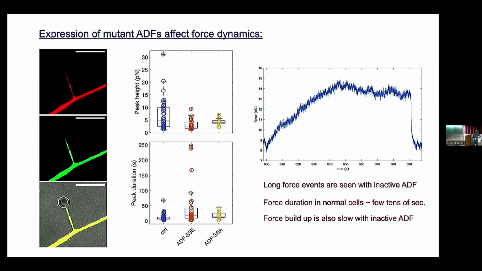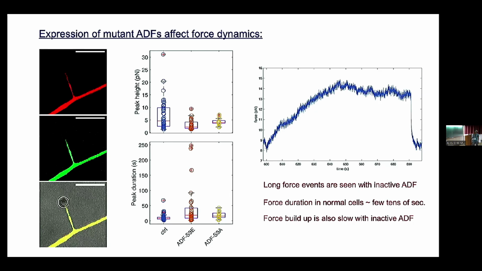So you see that the peak force decreases when you express this inactive form, and you also see that the peak duration increases. That is, now the force is generated and the force remains high for a very long time, as high as, in this case, I don't know, 100, or we have seen up to 200 seconds of force events. And this is not the case in untreated cells.